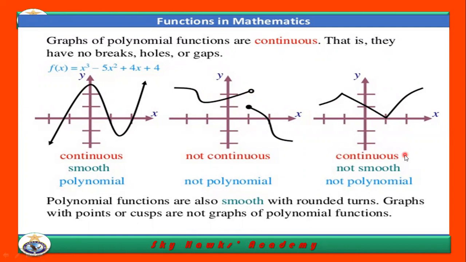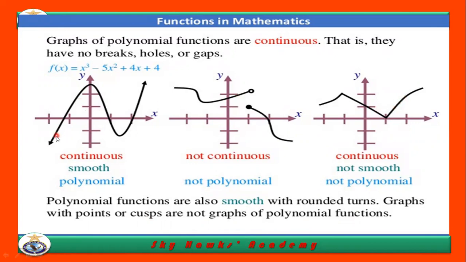And this one is continuous but not smooth, so not a polynomial. It goes zigzag, coming and going down and up. This one is smooth. Polynomial functions are also smooth with rounded terms. Graphs with points or cusps are not graphs of polynomial functions.